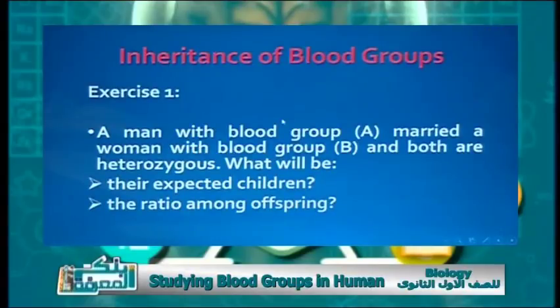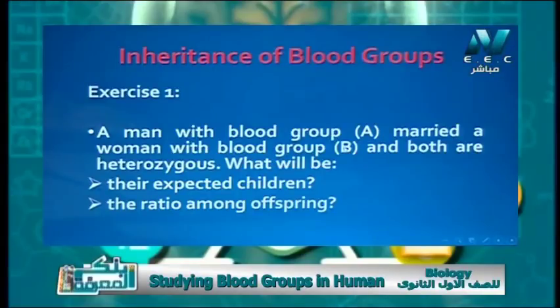Now let's have an exercise or an example to show how this blood group can be inherited from one generation to another. The problem says a man with blood group A married a woman with blood group B. Actually, up till now, we cannot solve the problem because the blood group A could be one of two genotypes.